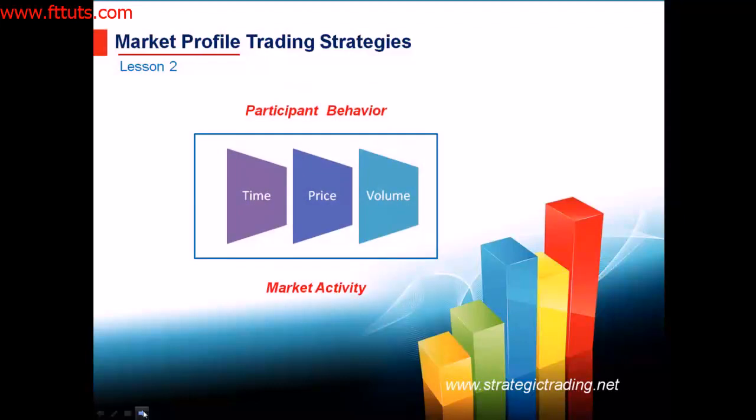Now, what creates market activity? Well, it's participant behavior. You will often hear many people talk about candlesticks in the context that candles reflect for you what people are thinking, or reflect behavior. And you'll often hear that markets really are about human behavior.